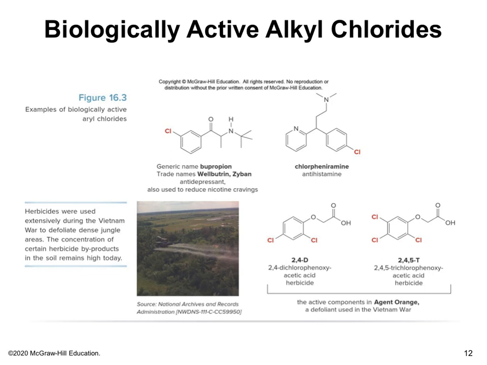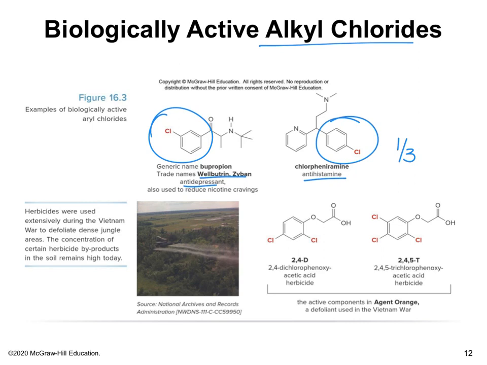This is just showing you some biologically active aryl chlorides. Wellbutrin is an antidepressant, so this was chlorinated here. Antihistamine, that was a chlorination. What's interesting is about a third of your synthetic drug molecules or synthetic compounds have a halogen in them.